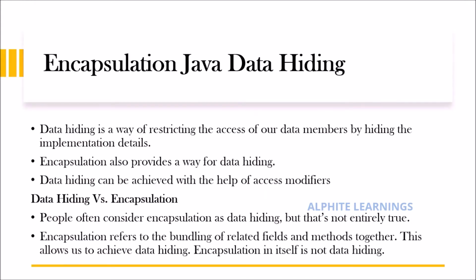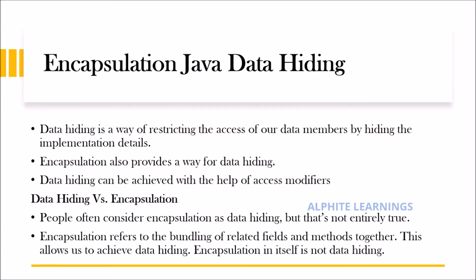So next is encapsulation and Java data hiding. Data hiding is a way of restricting access. Yes, we have seen some access modifiers. Do you remember? Public, private, protected, default. With the help of those access modifiers, we are hiding data from other classes.